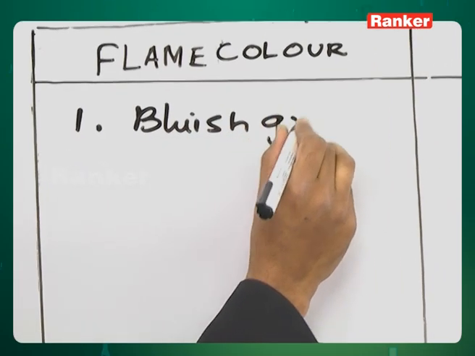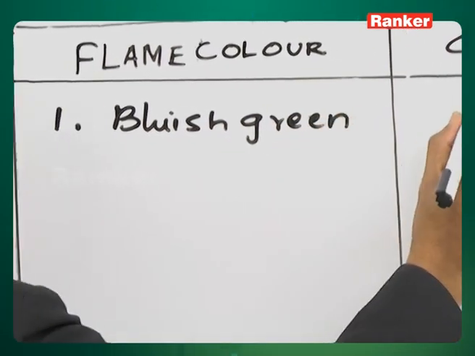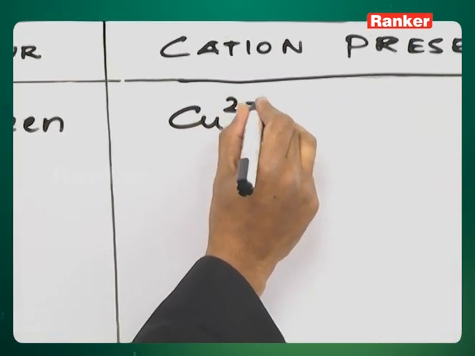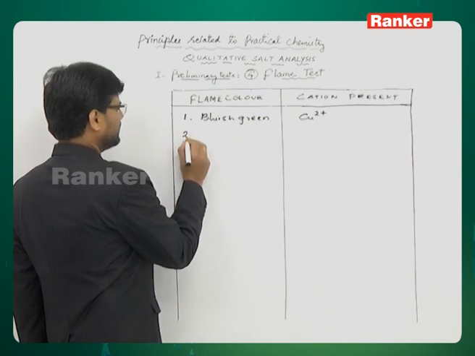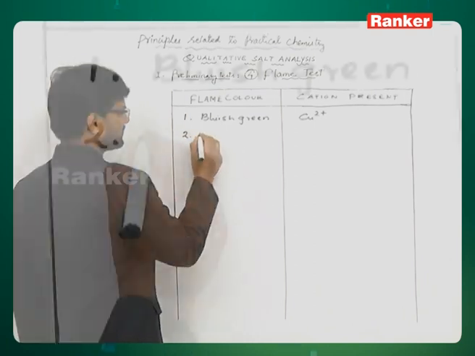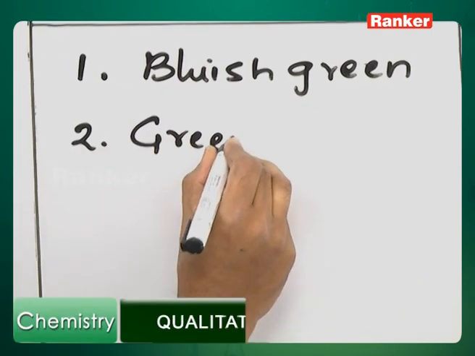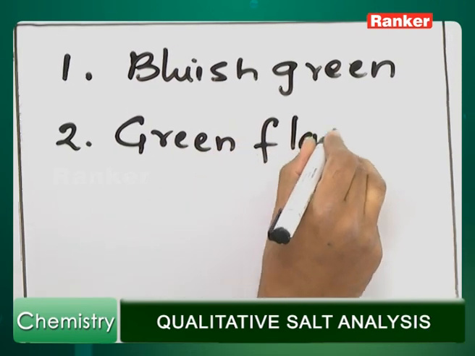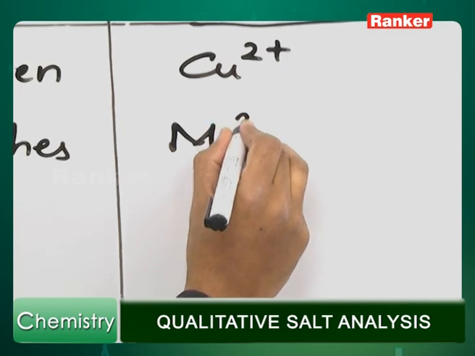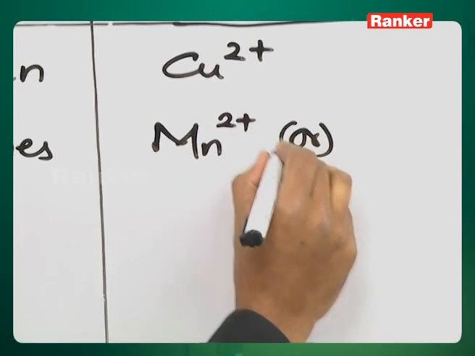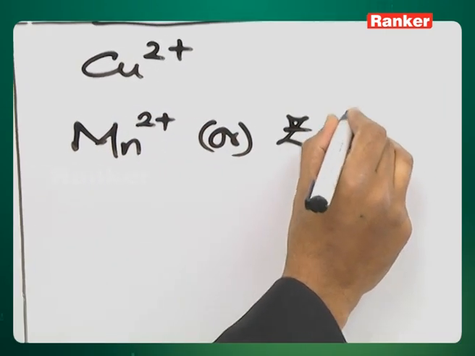If the flame color is bluish green, then it's an indication that the salt must be some cupric salt. If the flame color consists of green flashes, it can be Mn2 plus or Zn2 plus salt.